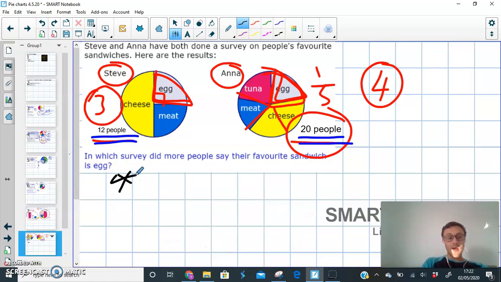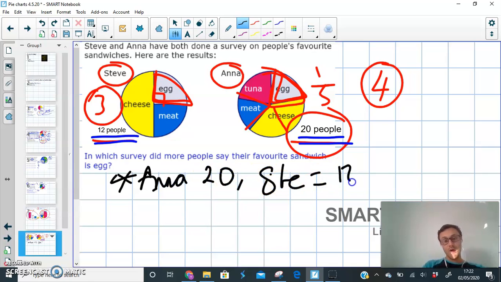Bullet point 1, Anna had 20 people, whereas Steve only had 12 people. I'm doing this in short: Steve had 1/4 egg.